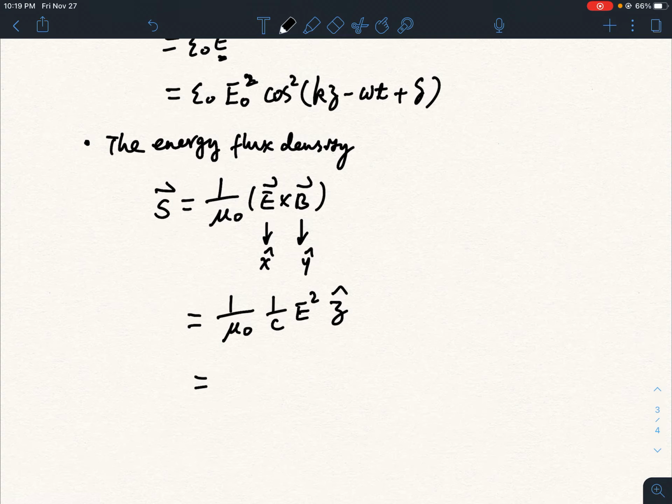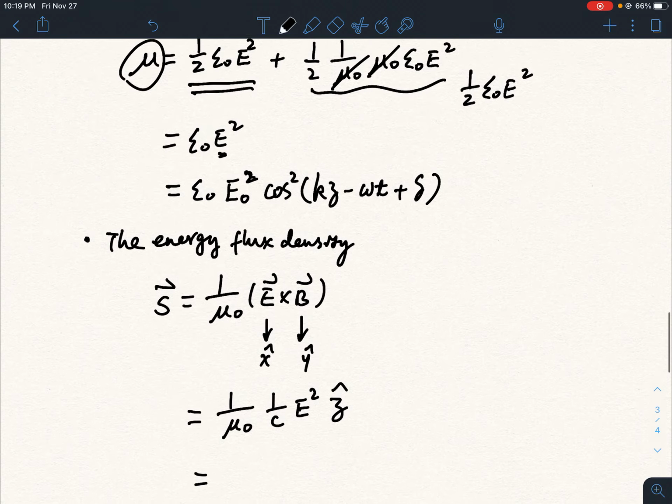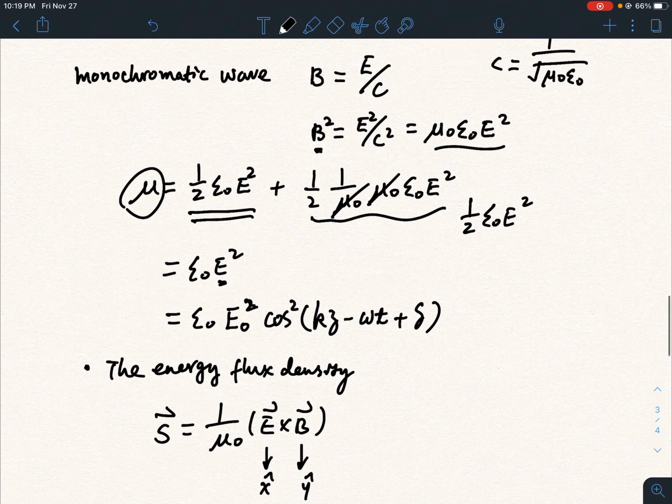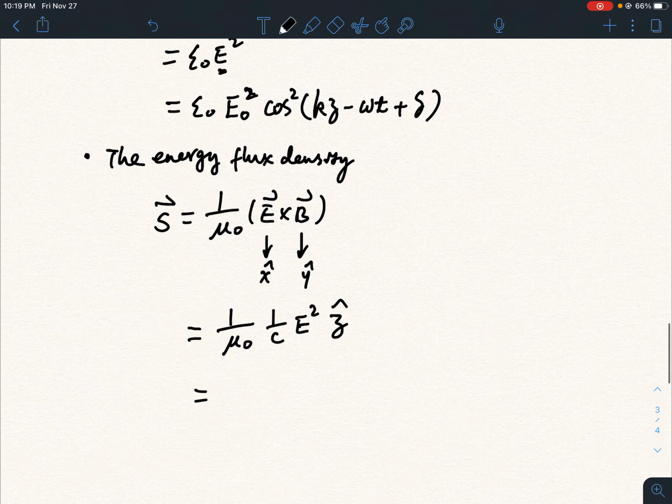So c squared is really 1 over mu 0 epsilon 0, so 1/c is really mu 0 epsilon 0 divided by mu 0 times E squared z hat.